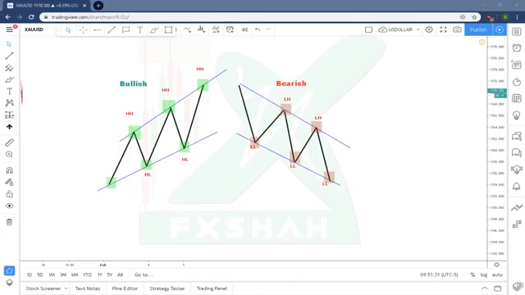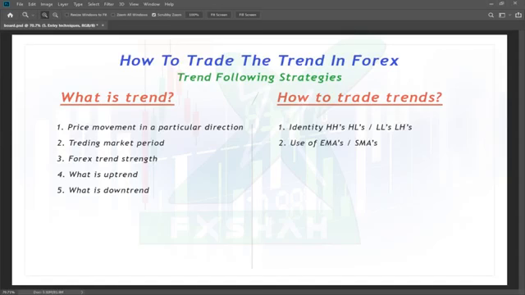After that, when you identify the trend, one type we can identify is higher highs and higher lows. We can also use EMAs to identify a trend.